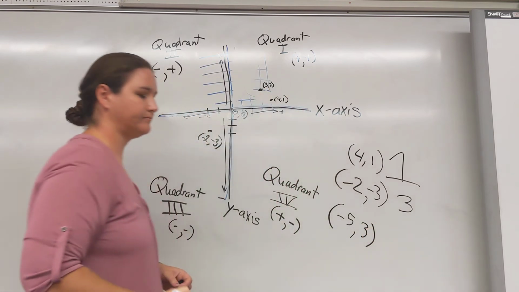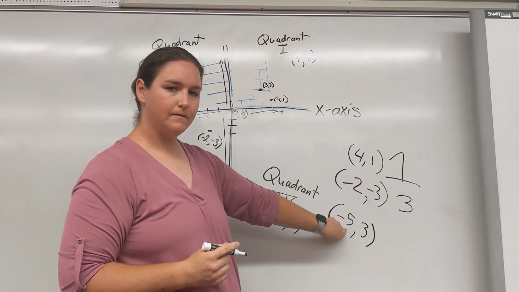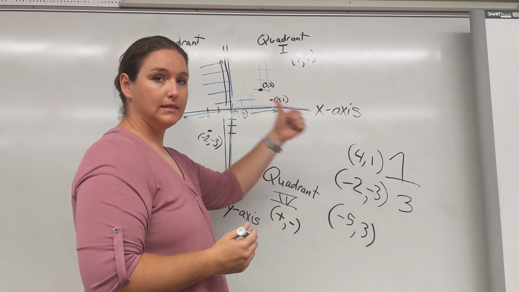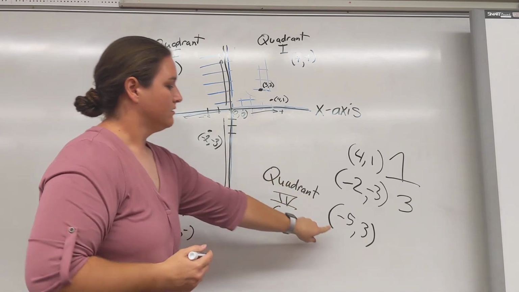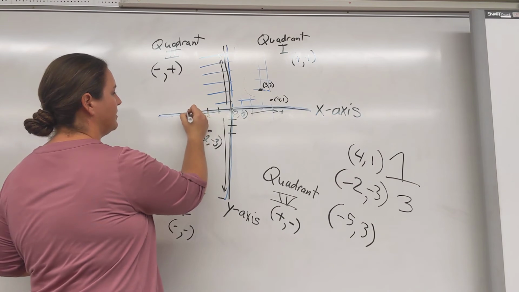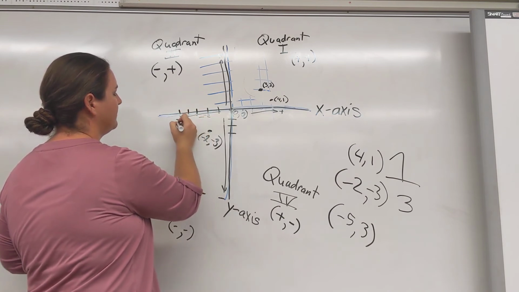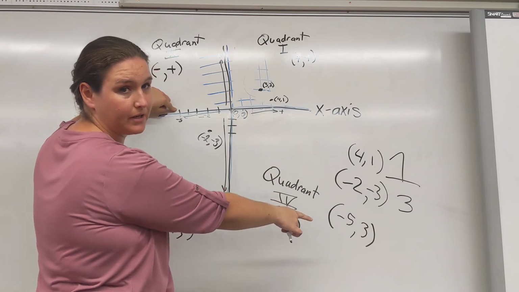Let's try a negative 5 and 3. Okay, negative 5 tells us we're going to be going left, just like on a regular number line. We're going to go left 5. 1, 2, 3, 4, 5. And then we're going to go up 3, because it's positive.